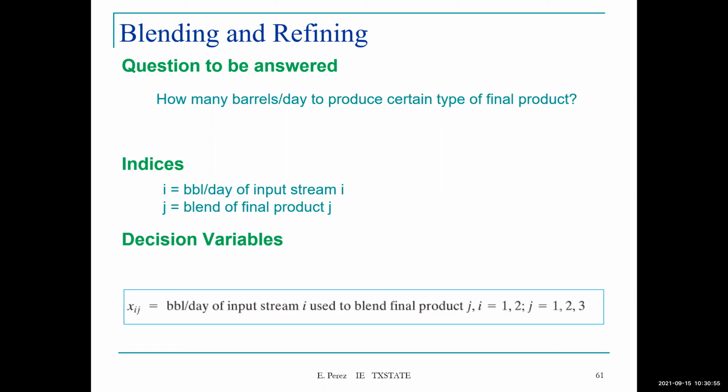Decision variables: Xij is the barrels a day of input stream i. So you see how we have different inputs, and you'll see this in the picture in a minute, to blend the final product j. So two different input streams and three different products at the end.